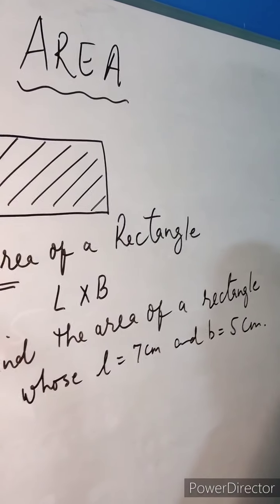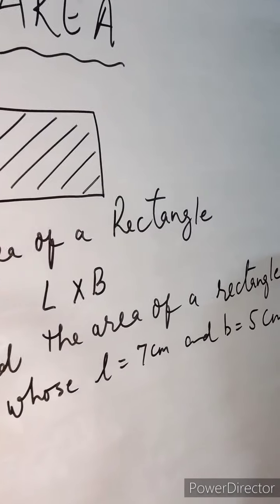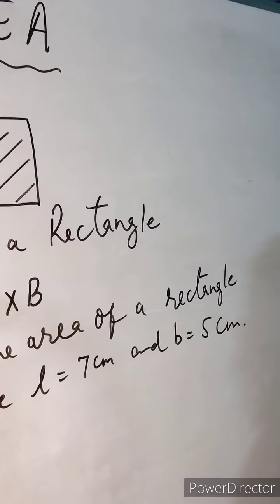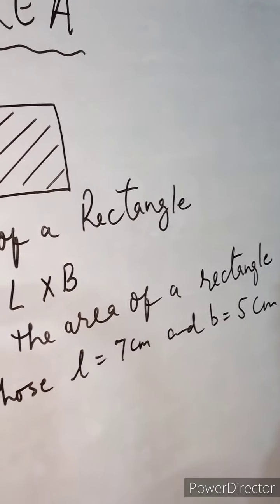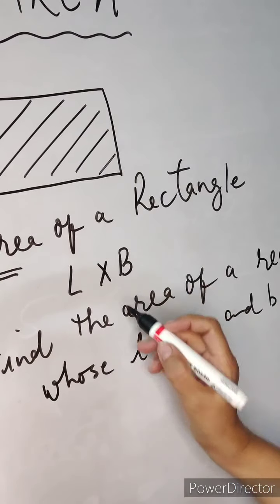Length is 7 centimeter and breadth is 5 centimeter, and we have to find out the area of the rectangle. So let us use the formula जो मैंने अभी आपको explain किया, L multiplied by B.